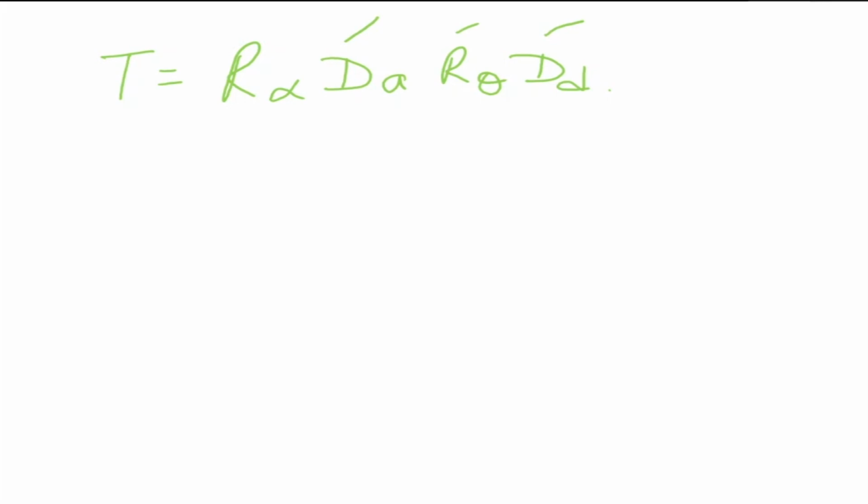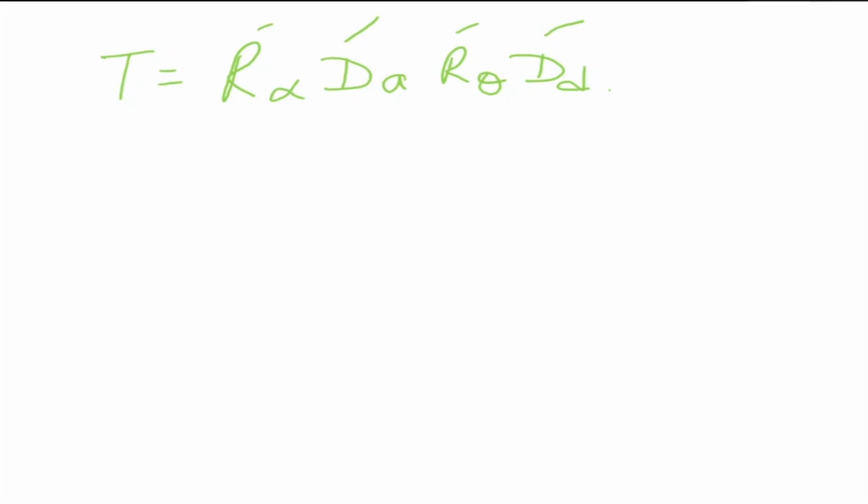So the total transformation I can write is: there is a rotation of alpha. Then there is a distance which is moving, that is my A. Then there is a rotation about theta, and then there is a distance which is moving about d. So this is translation, translation, rotation, rotation.